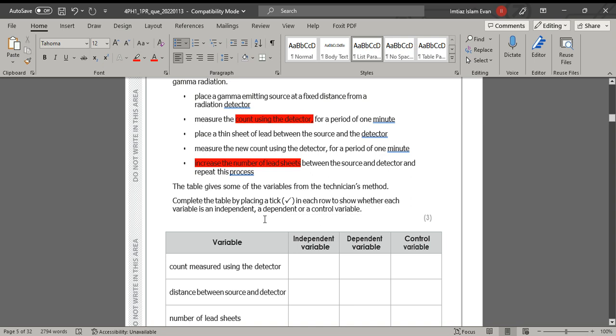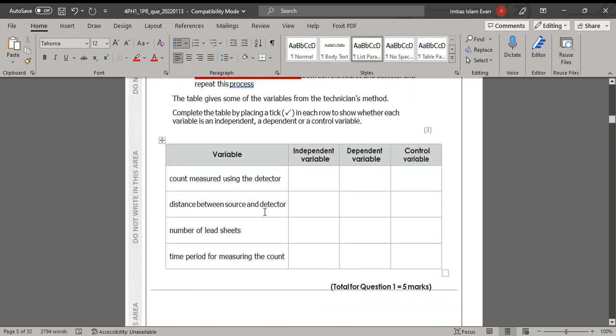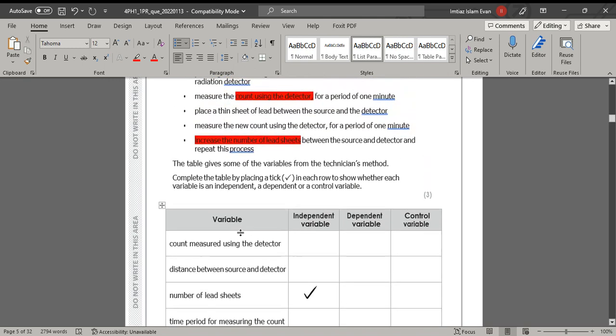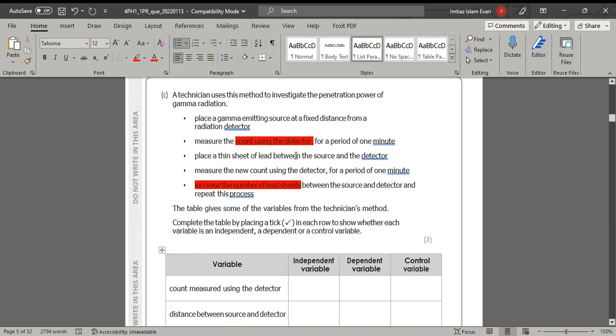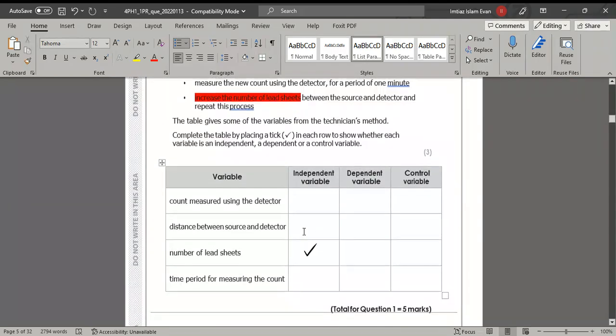So the independent variable here will be the number of lead sheets. As we are changing the number of lead sheets, what are we going to see? Since the lead sheets are placed between the source and the detector, the changes will be in the count rate. So the count rate will be the dependent variable here.